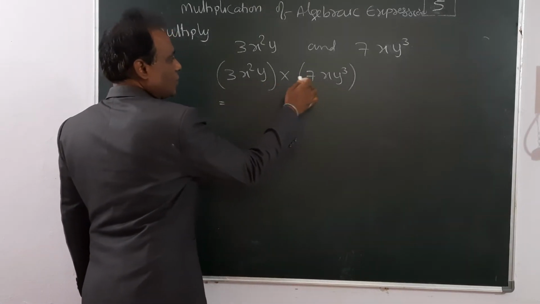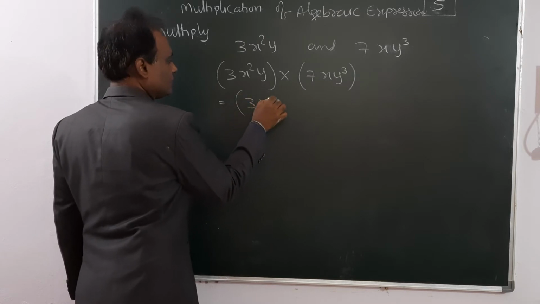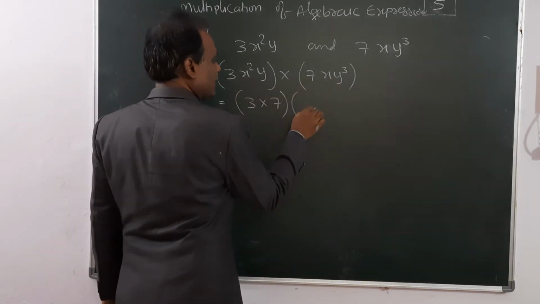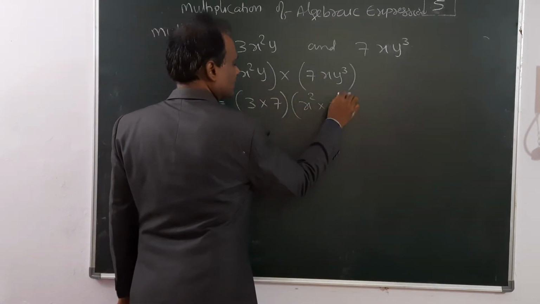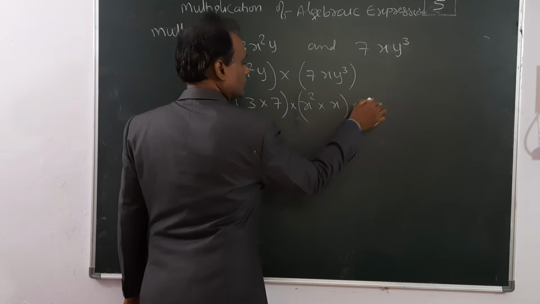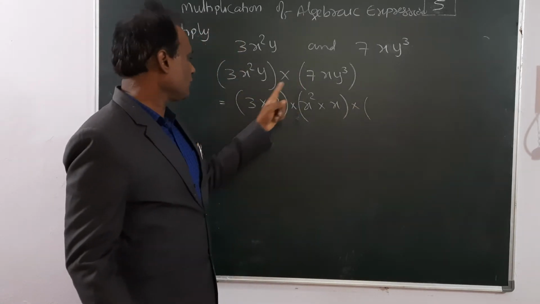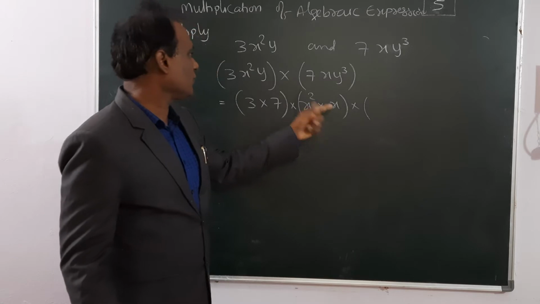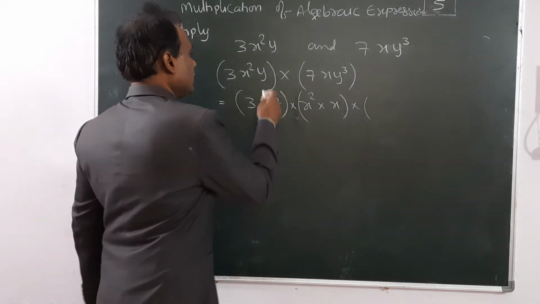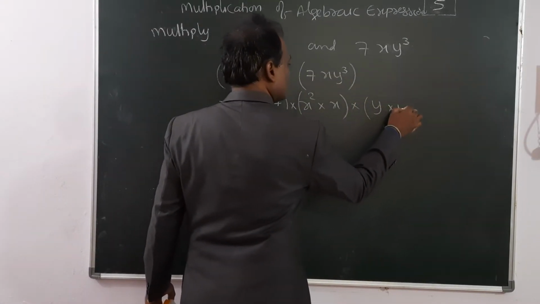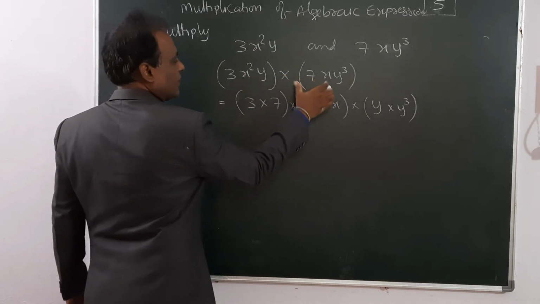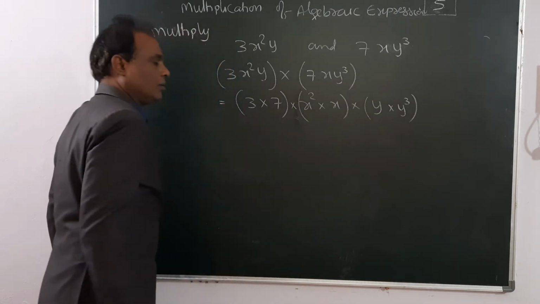Coefficient is multiplied with coefficient, x square multiplied with x. Same variable terms I am writing in a separate bracket: the constants, that is coefficients, in one bracket, the x variable in one, and the y variable in another.